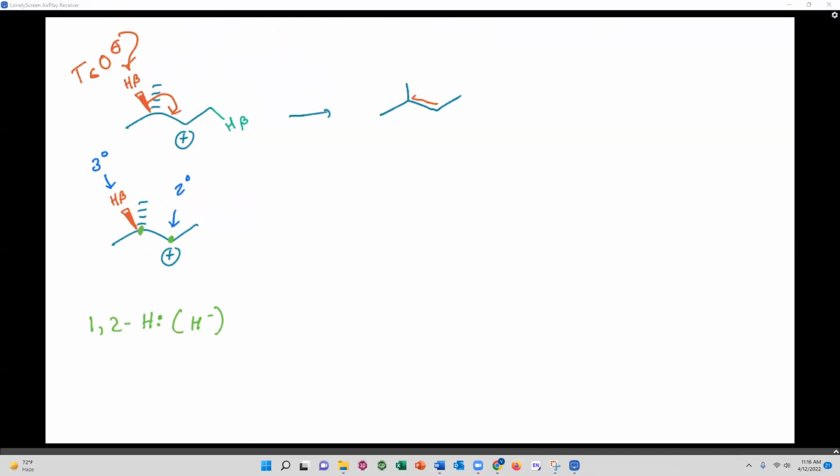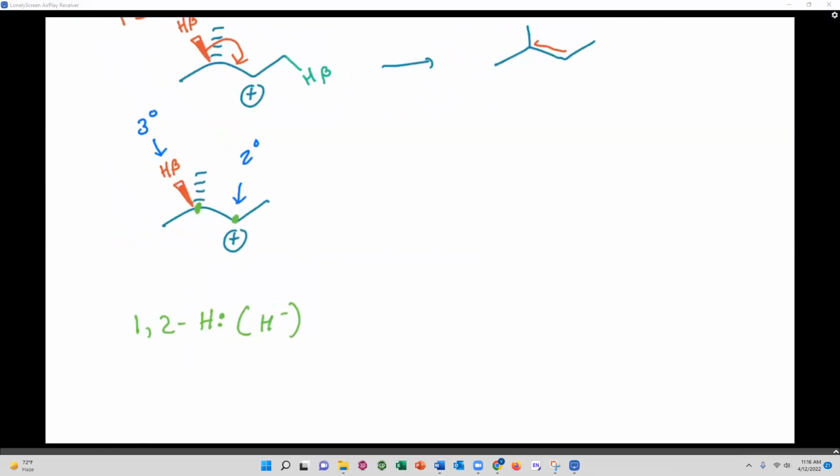And so what I can see here is the hydrogen that's next to the carbocation will move, taking the electrons with it. And so this rearrangement will produce this carbocation, having just moved this beta hydrogen over here.